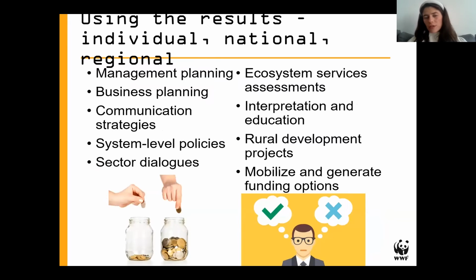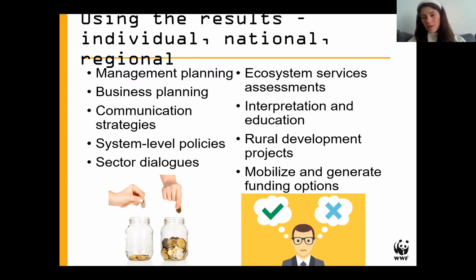So the results, on a local level but also on a national level, could be used for the management planning process, business planning on local level, different communication strategies, system level policies, and different sectoral dialogues, because different sectors are working in and around a protected area.